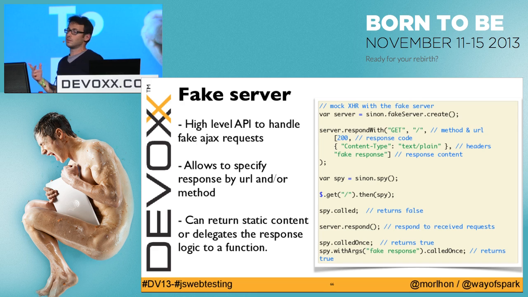It can be very verbose to use fake XHR. So the fake server has a high-level API with, for example, respond with, which will define for which method and which URL path what the response is, which will be a response code, content types or any headers, and the response body.